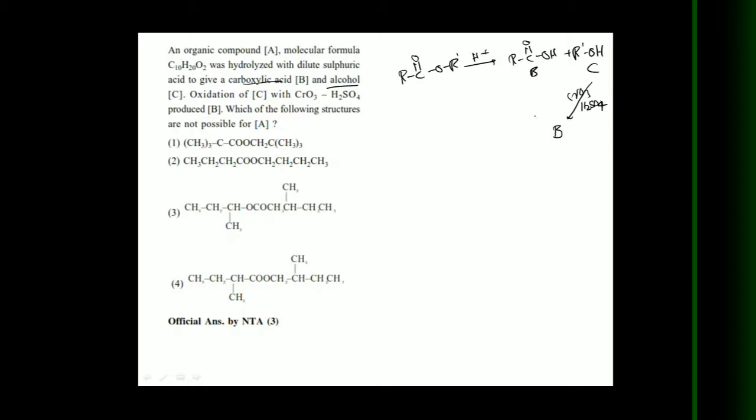So in this case, this alcohol on oxidation gives the carboxylic acid B. That means the acid and the acid from the alcohol are both the same. So check the possibilities. Suppose I take the first compound: CH3 and CH3 and this one CH3.